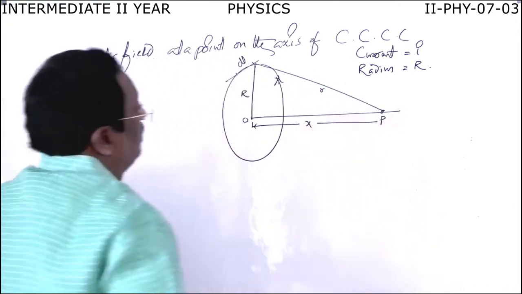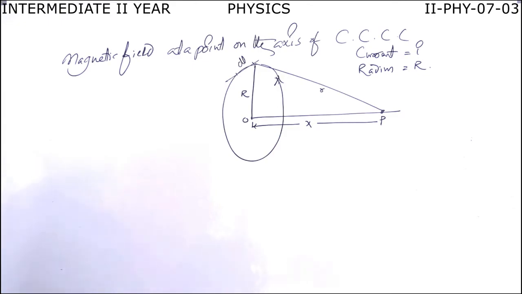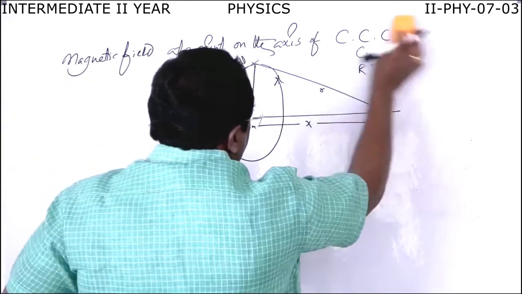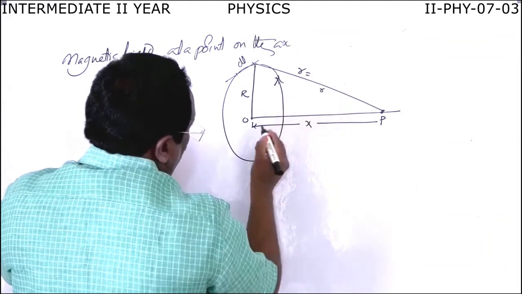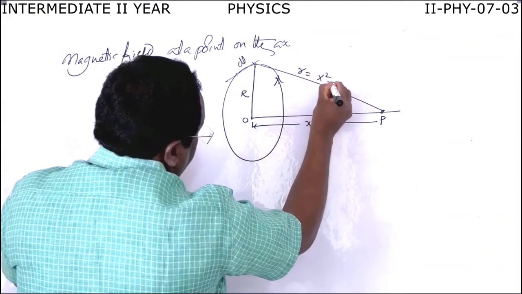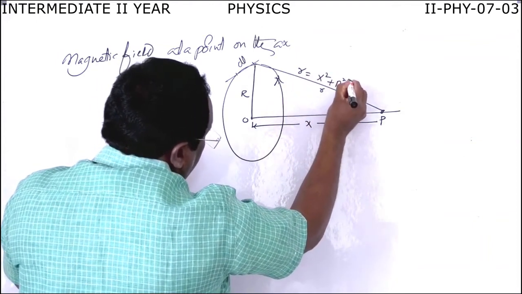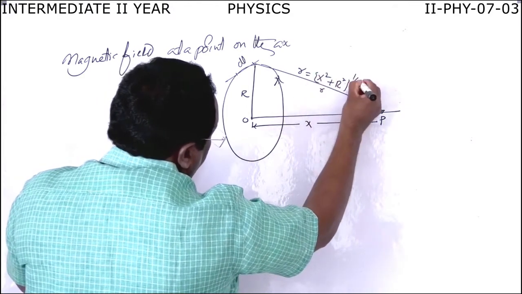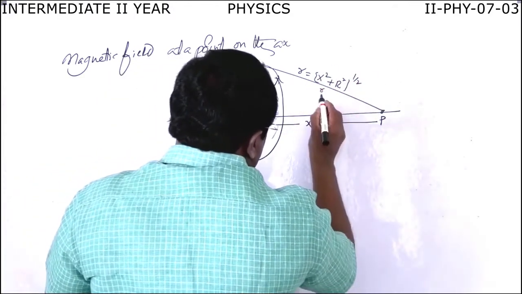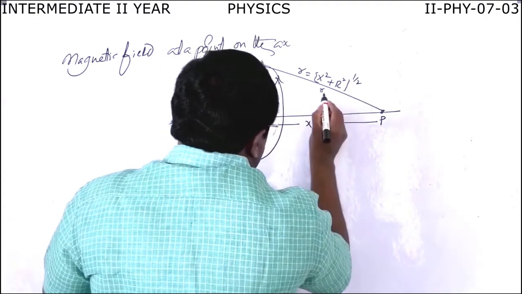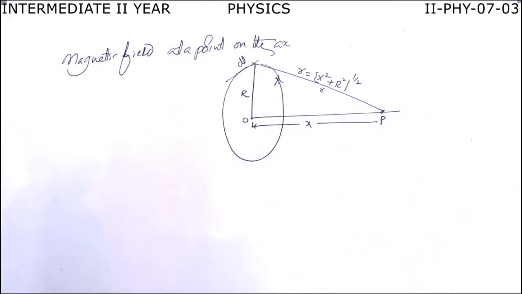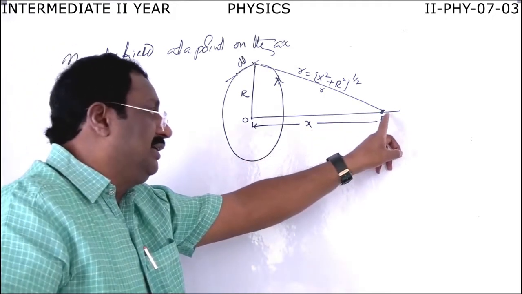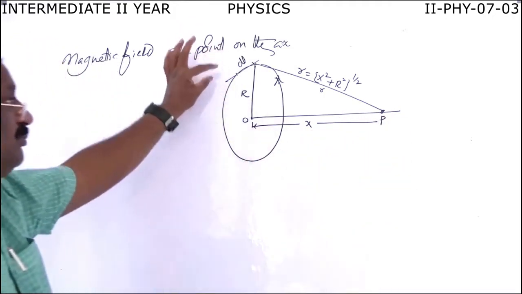This is the position vector. From this figure, r is equal to under root of x square plus R square, whole to the power of 1 by 2, according to Pythagoras theorem. This is x, this is R, this is small r. Now we find the magnetic field at this point due to this small element.